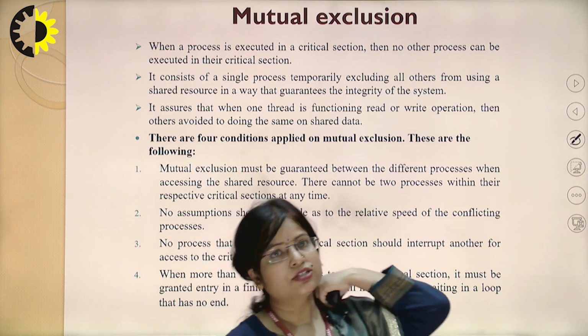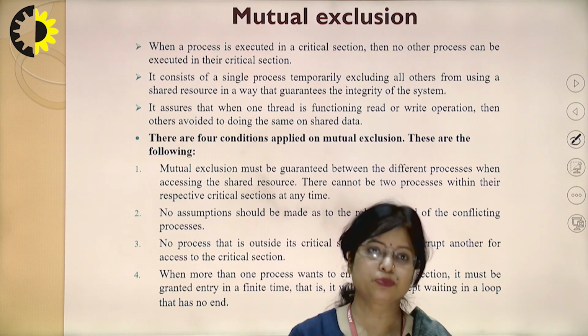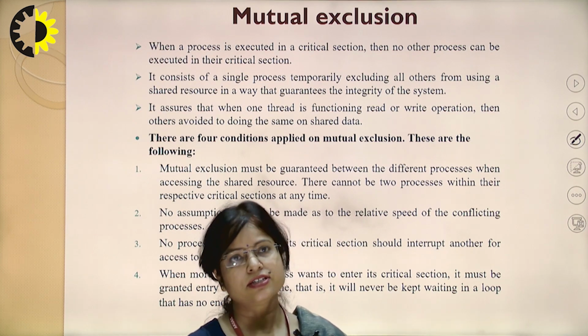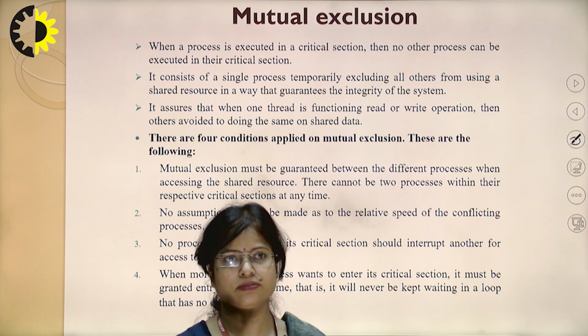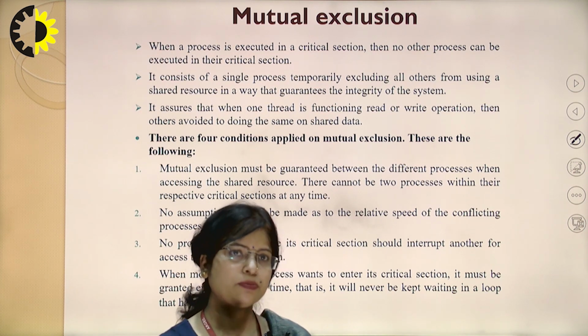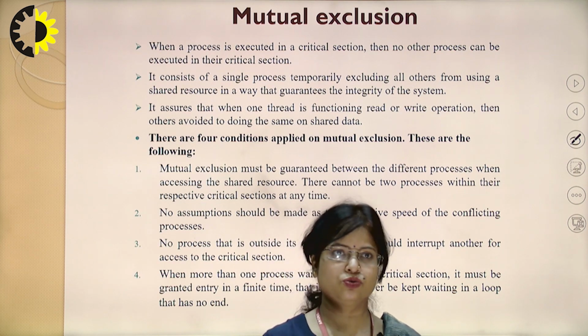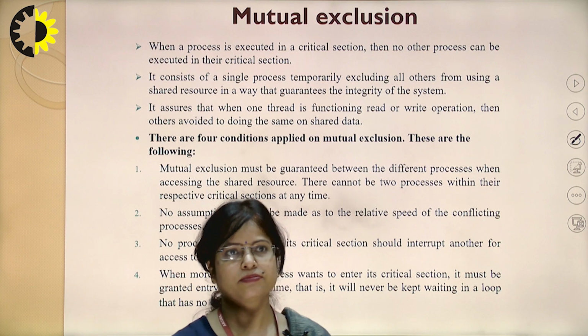In the case of processes, when a process is executing in the critical section, no other process can execute in its critical section. It consists of a single process temporarily excluding all others from using a shared resource in a way that guarantees the integrity of the system.